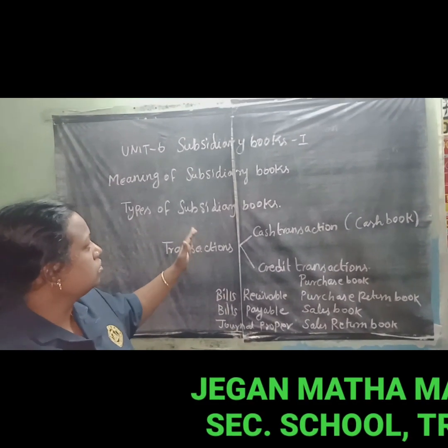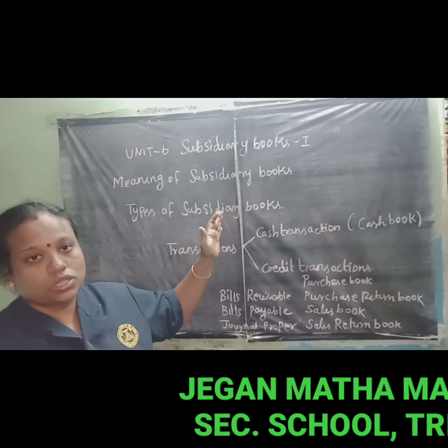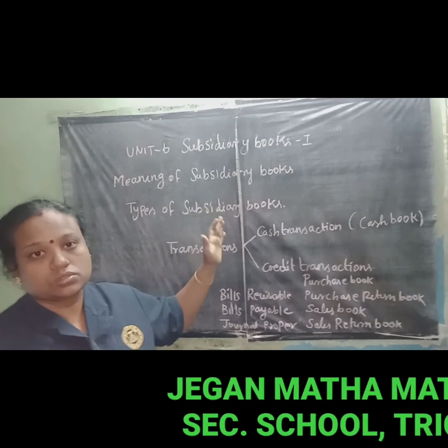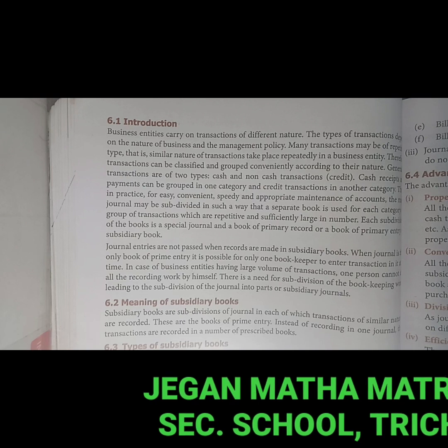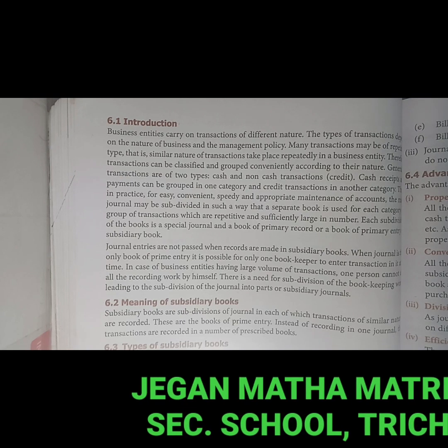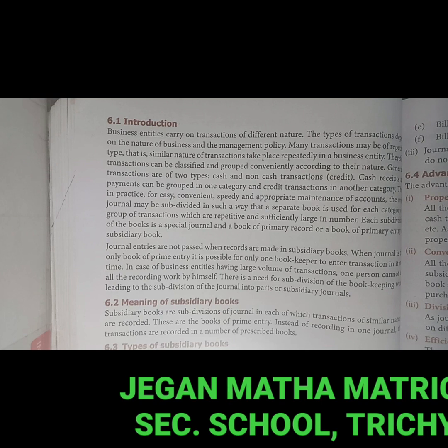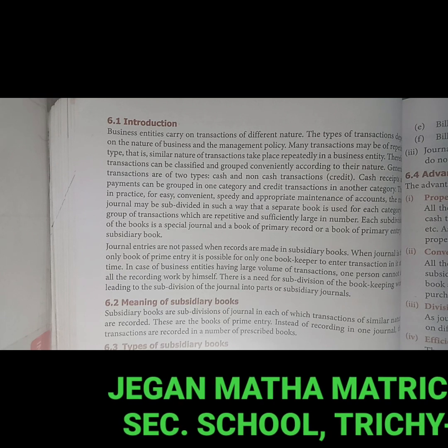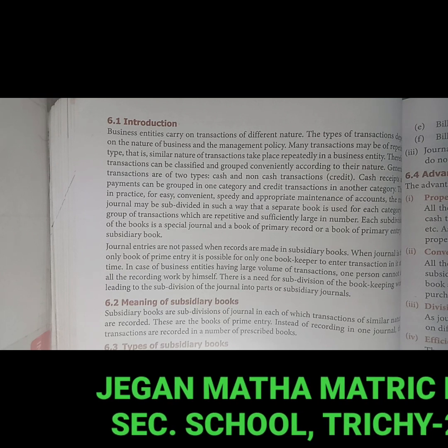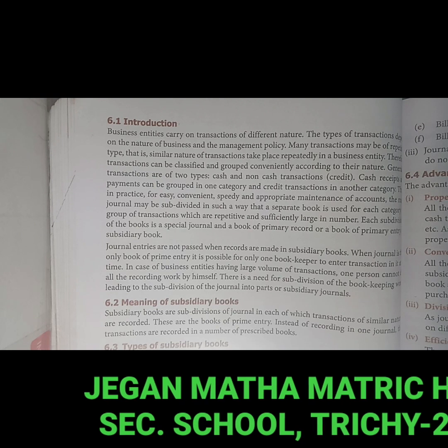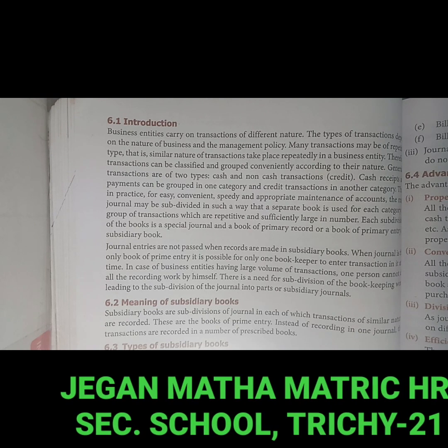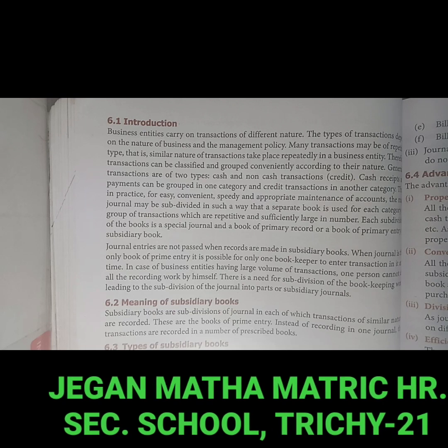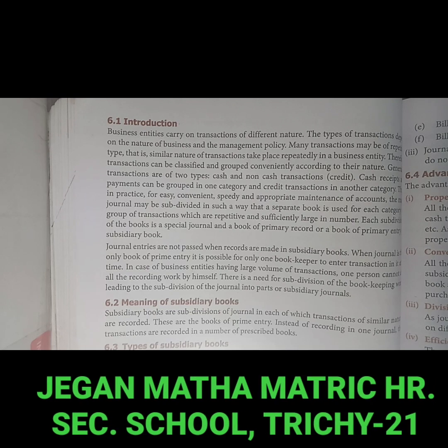So let's see the meaning first. What is meant by subsidiary books? Introduction: business entities carry on transactions of different natures. The types of transactions depend on the nature of the business and the management policy. Many transactions may be of a repetitive type, that is, transactions of similar nature take place repeatedly in a business entity.